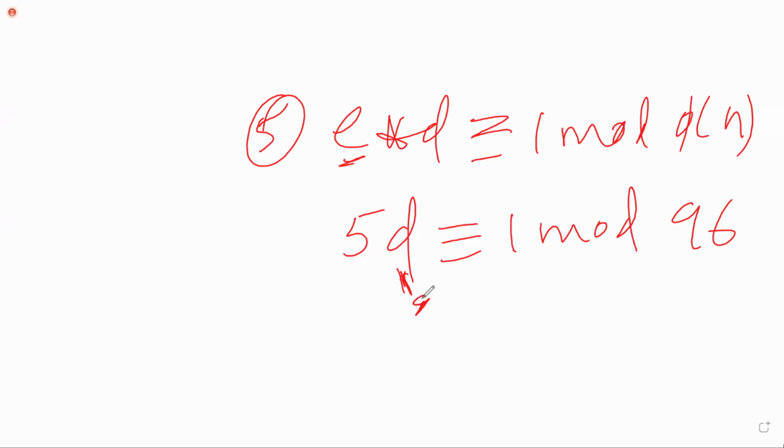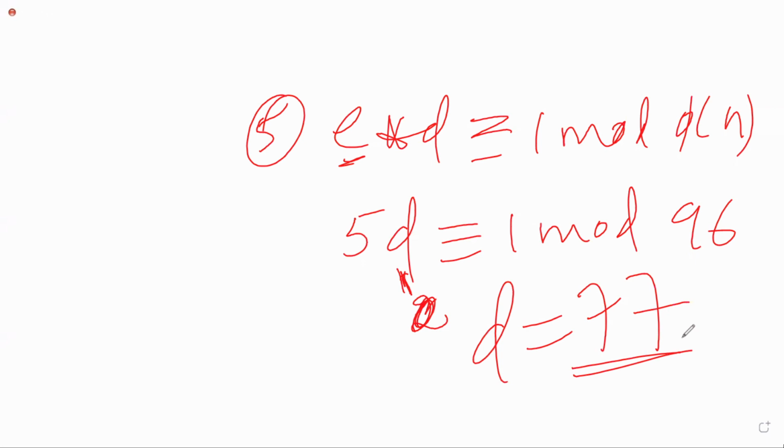Suppose we take D value 2, so 5 into 2 is 10. Like that, the remainder should be 1. The product of 5 into D is congruent to 1 mod 96. So here the satisfying D value will be 77.